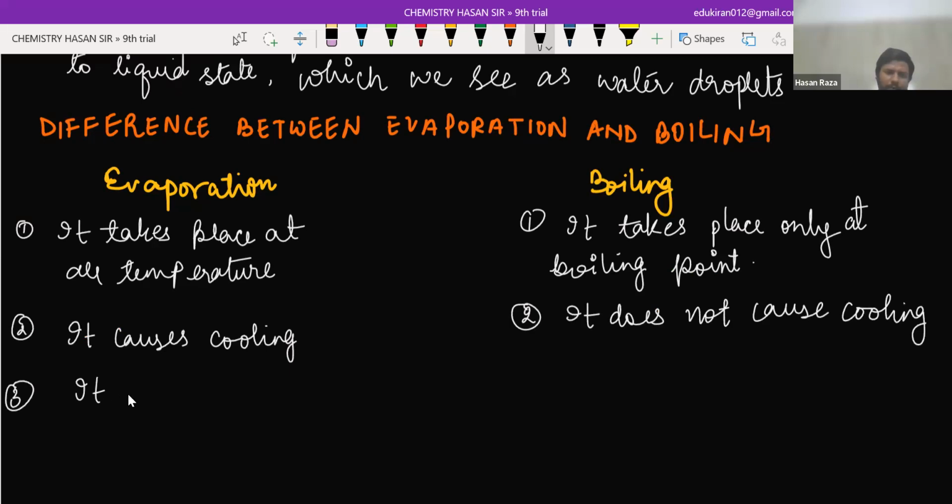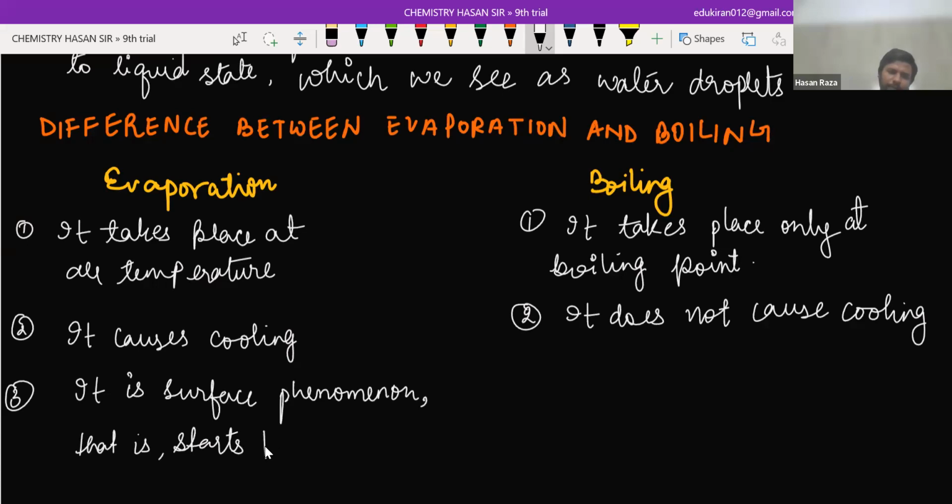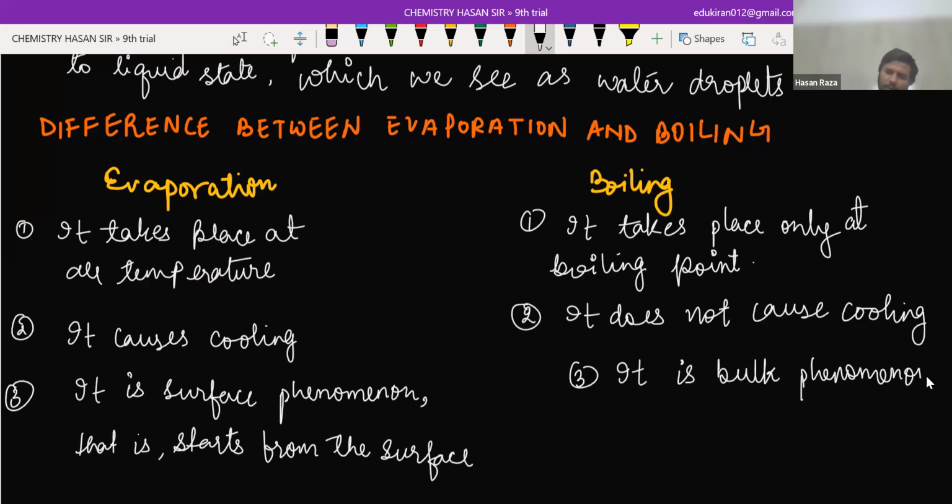The third point: evaporation is a surface phenomenon, that is, it starts from the surface. And here, boiling is a bulk phenomenon. It starts from the bulk.